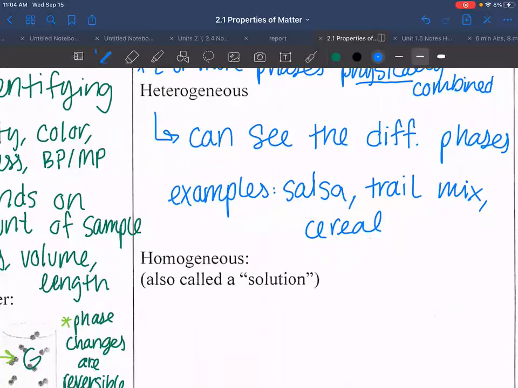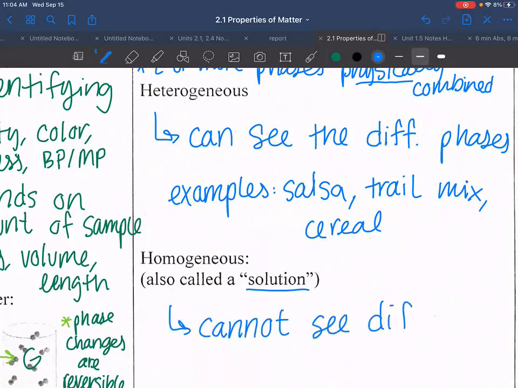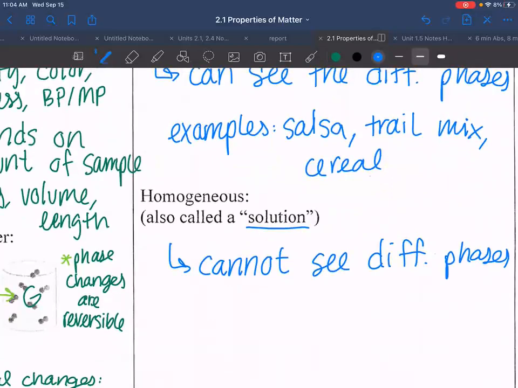Now, homogeneous, we also call them solutions. Typically, these are things that we think about as liquids. Now you cannot see the separate parts, the separate phases. So I think it's easy to think about drinks for this.